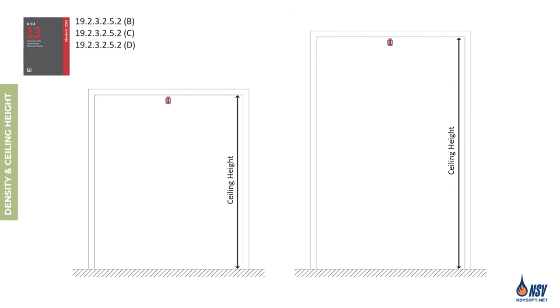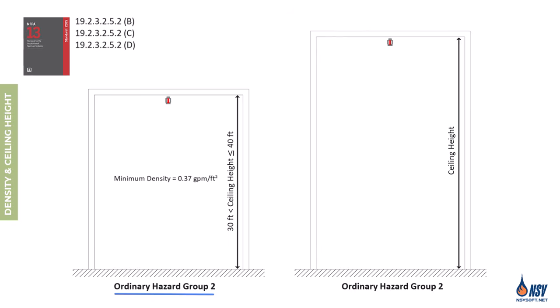In Chapter 19 of the 2025 edition of NFPA 13, new requirements were introduced that link design density to ceiling height in certain occupancies. Specifically, in ordinary hazard group 2 and extra hazard occupancies, the minimum required density increases as ceiling height rises. For example, in OH2, when the ceiling height is more than 30 and up to 40 feet, the minimum density shall be 0.37 gallons per minute per square foot.